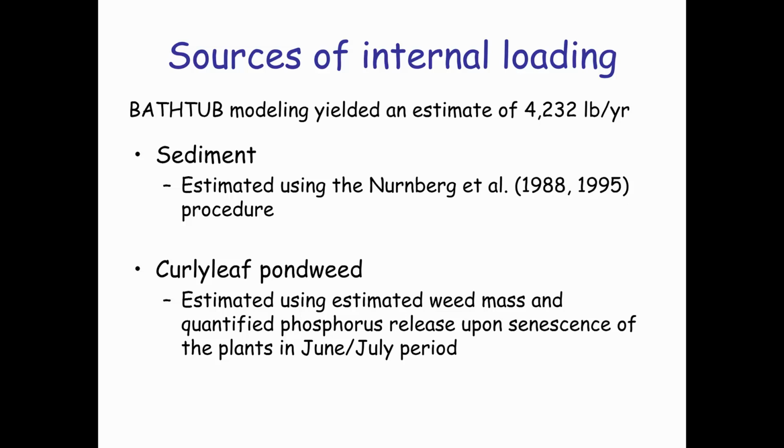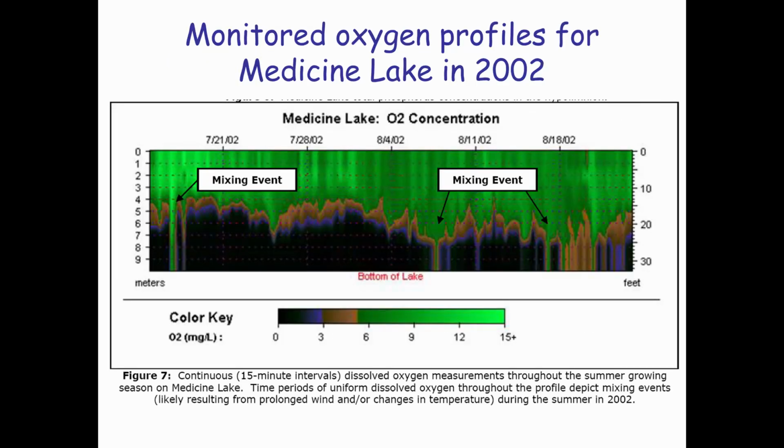which follows. Before I get to that, I'll first talk about the process in which the mixing can affect the water quality in the column of the lake. This is from the Russ unit. The green color shows the high oxygen concentration. The black shows the low oxygen concentration.